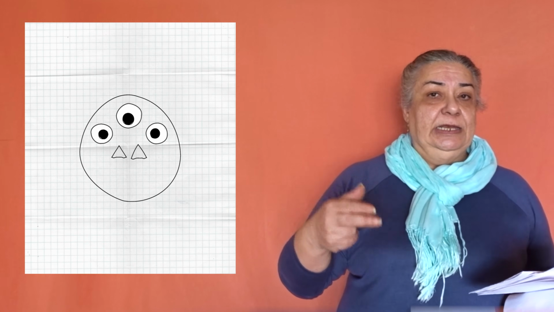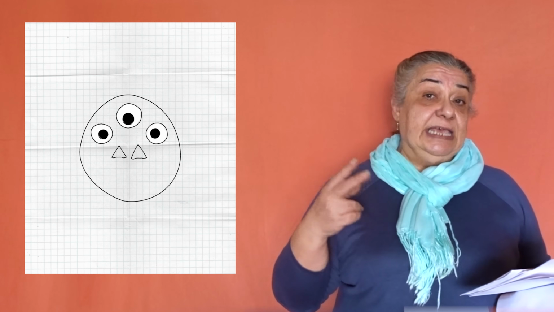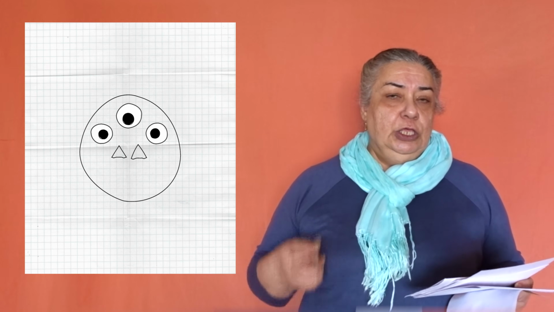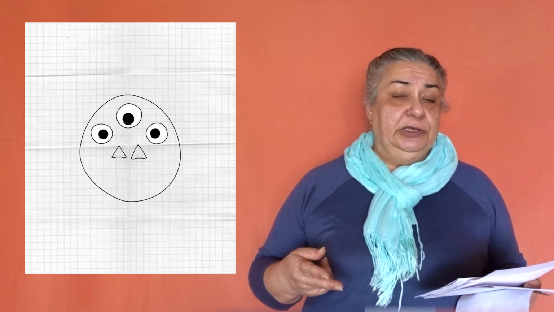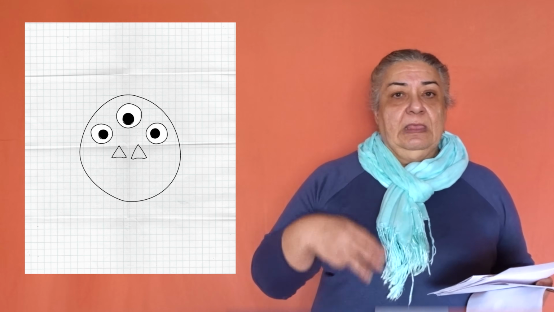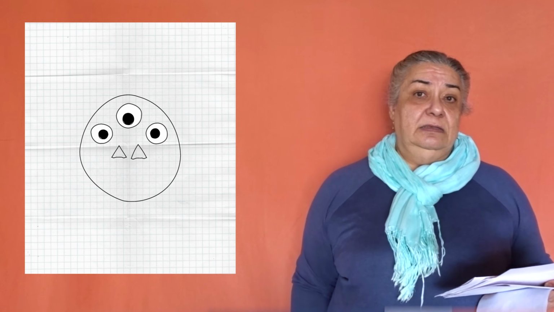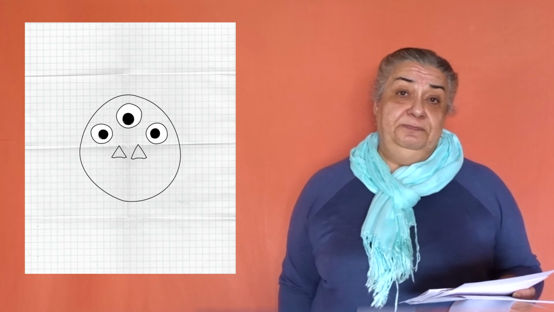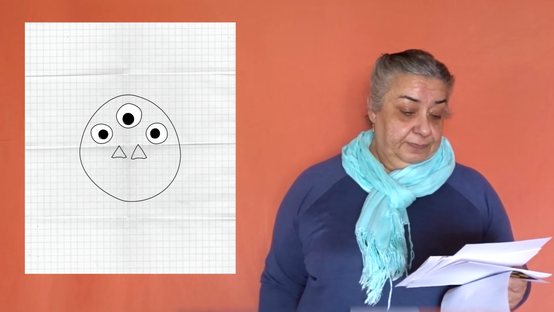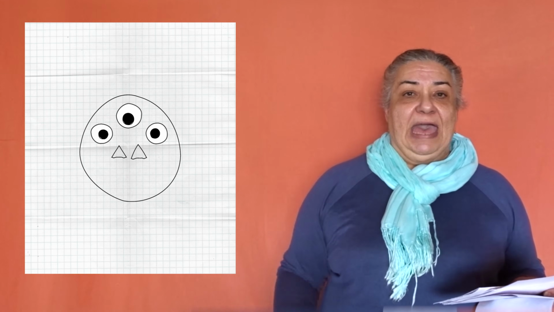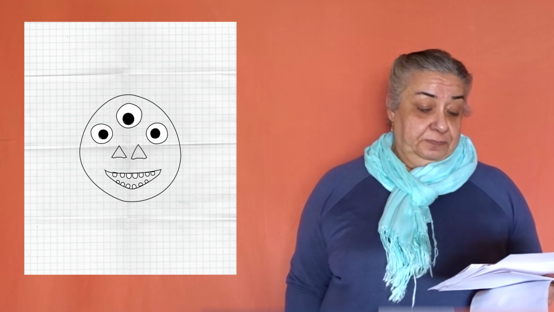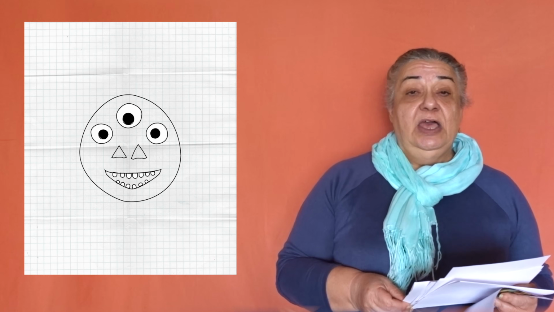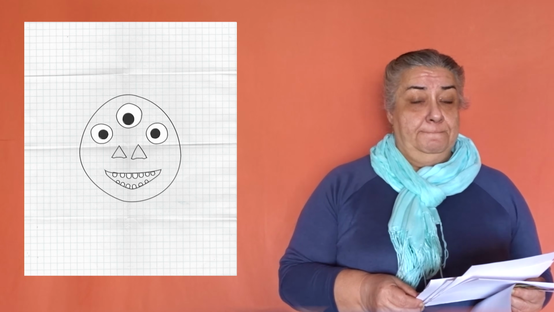Pay attention. What you're doing, in fact, is, again, modeling the plural marker. 3 eyes. 2 noses. 1 mouth. 6 arms.